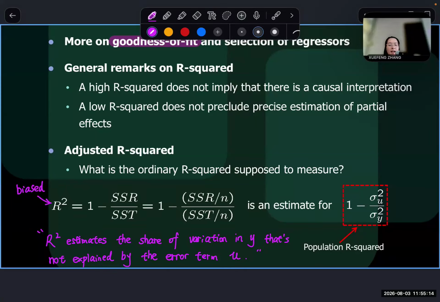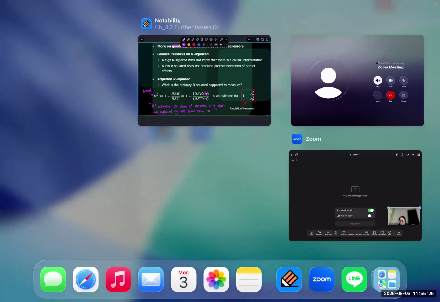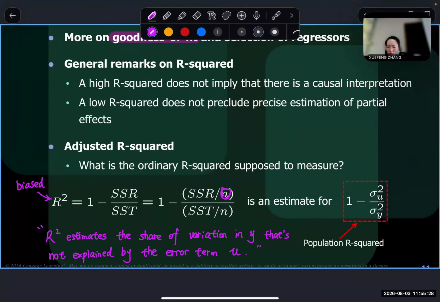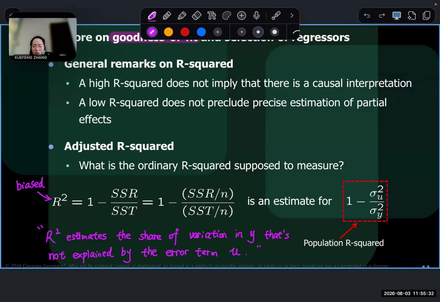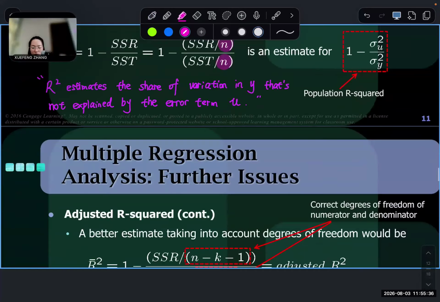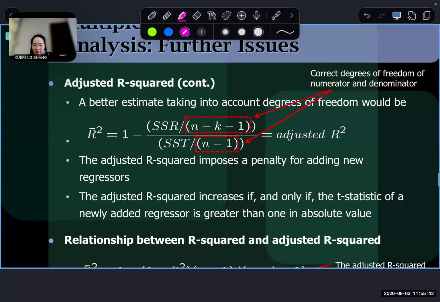If it's biased, how do we fix it? For the ordinary R squared, we divide by n. But actually, as I told you before, we need to correct it by the degrees of freedom.